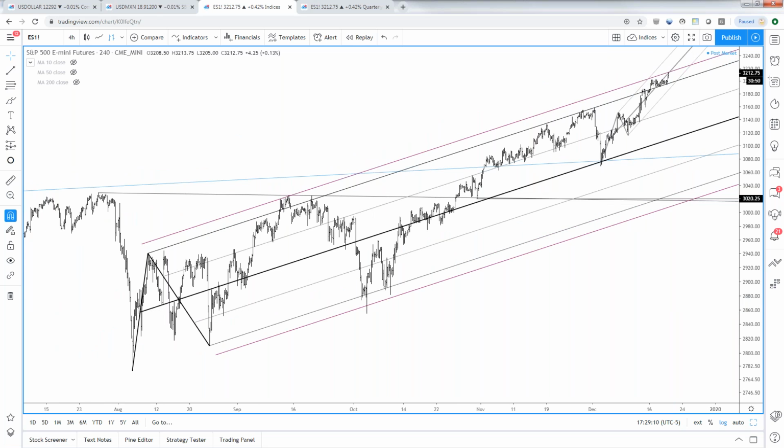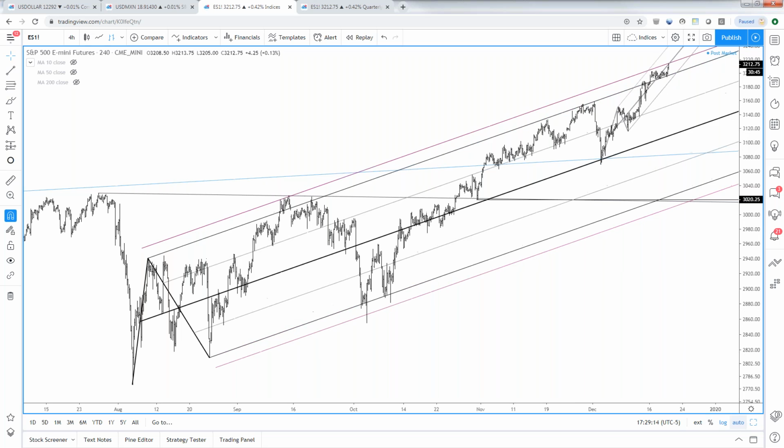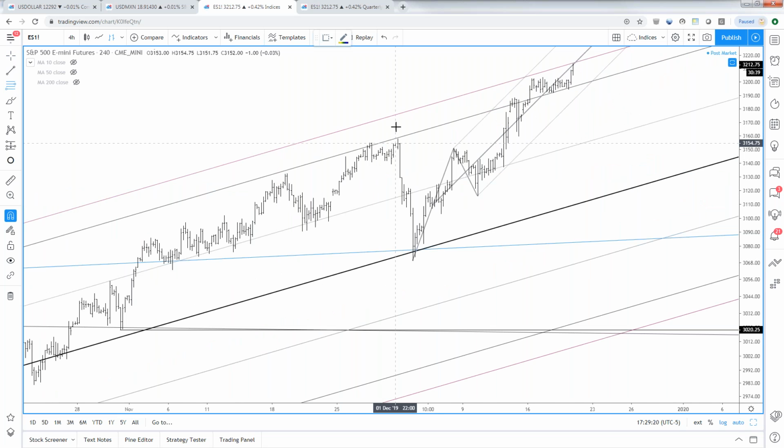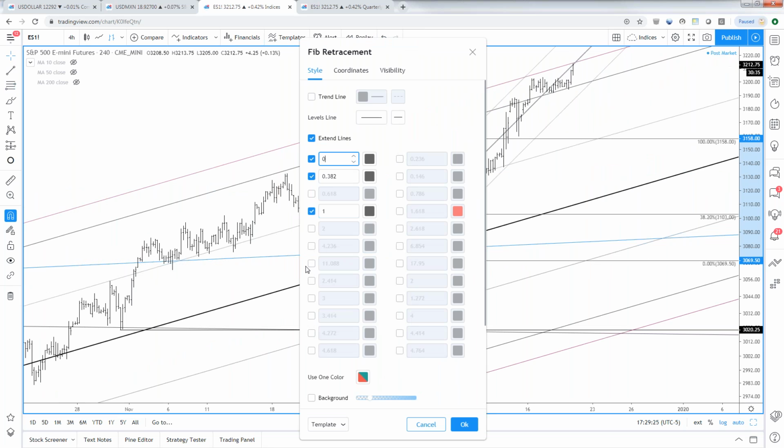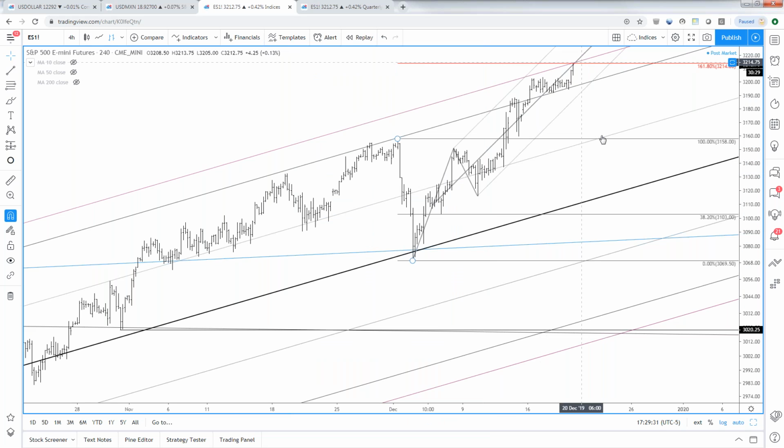Pooja says 1618 of the wave 3 decline in early December too. You're talking about that drop right there? Oh, look at that. That's what you're talking about, where we are right now.